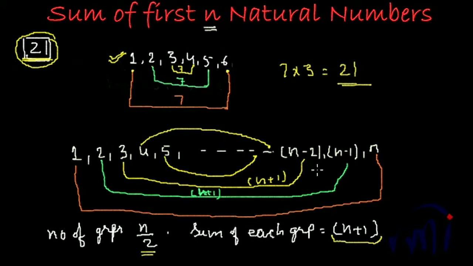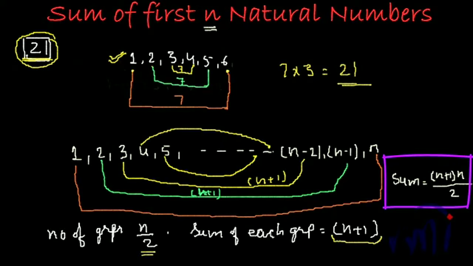The total sum of this series will be n plus 1 multiplied by n by 2, right? n plus 1 is the sum of each group, and we have a total of n by 2 groups. So this is the formula to find the sum of first n natural numbers.